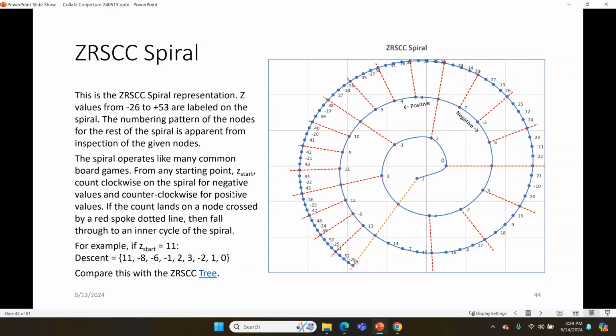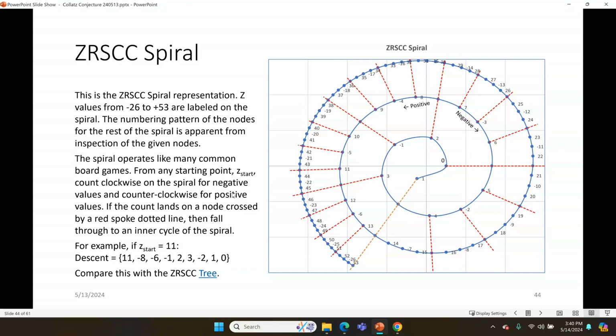So, for example, the very first node 1 has a spoke that goes out through all the other cycles above it, and then node 0 has a spoke that propagates off to the right, and so forth.